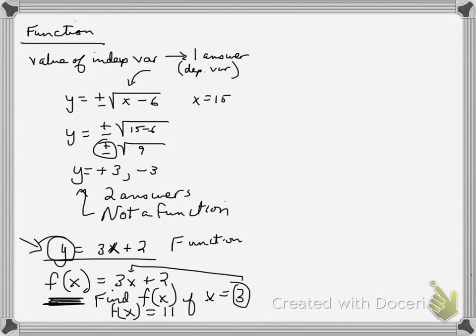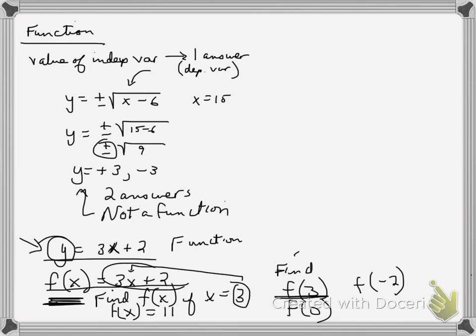Another way I could write that is if f of x equals that, find or solve for f of 3. Or f of 0 means plug a 0 in for the x. F of negative 2 means plug a negative 2 in. So the first time we already found it.